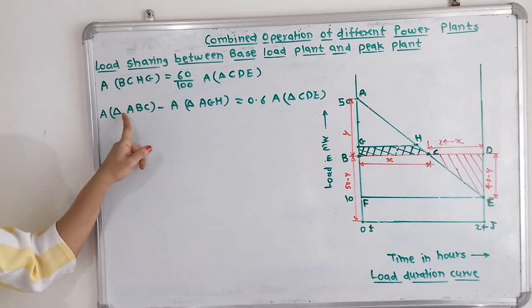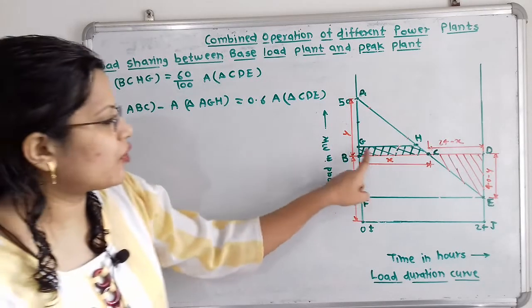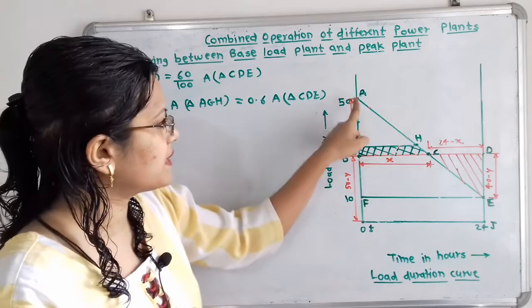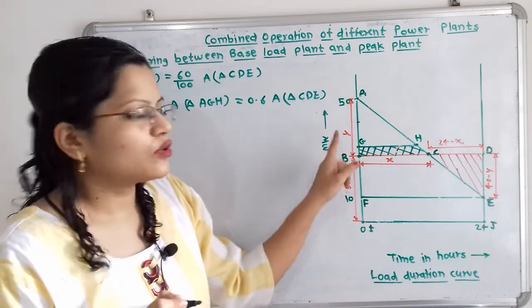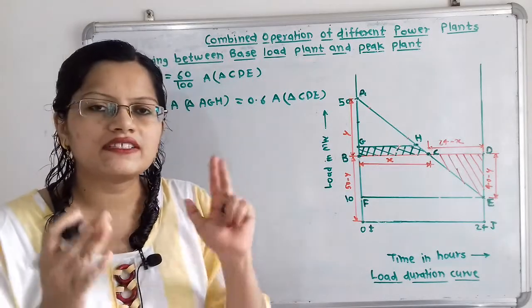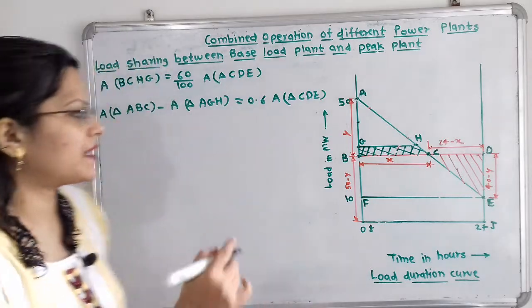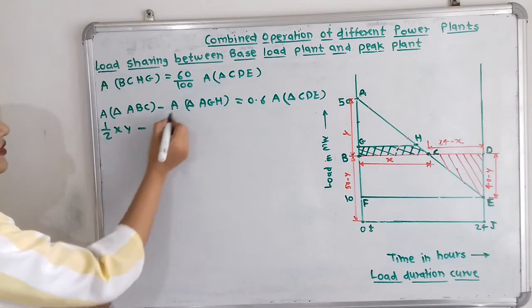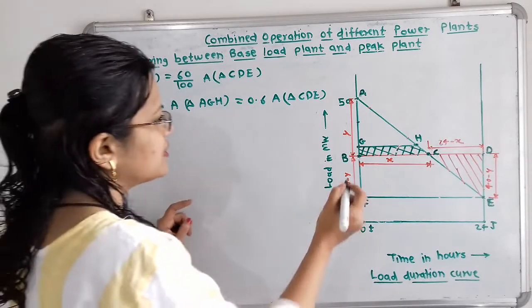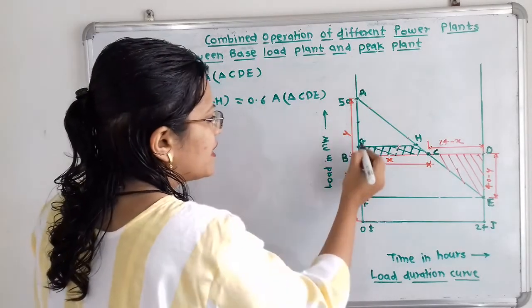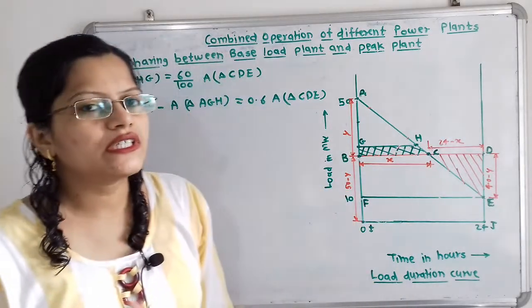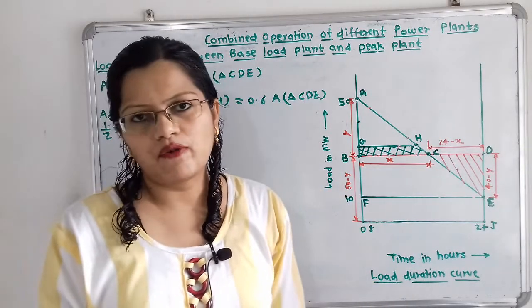Now the area of triangle ABC. Here BC is the base, height is AB. So how can we find the area? That is half multiplied by base multiplied by height, that is half multiplied by x into 1 minus area of triangle AGH. The area of triangle AGH is nothing but the energy units generated by the hydel power plant.